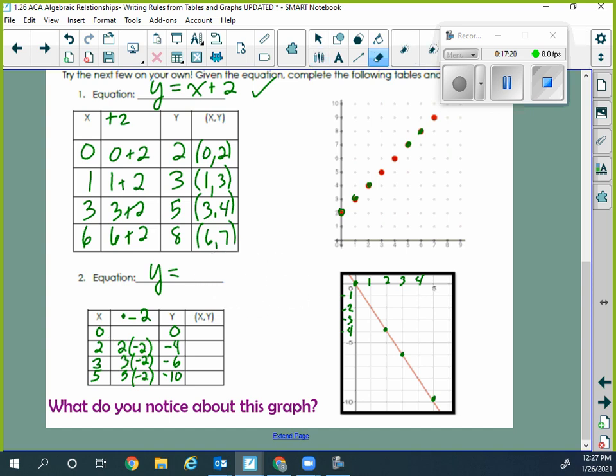Okay, don't make it too hard. What if it was just times 2? Then what would you write? y equals 2x. So if it's -2, there you go, -2x. -2x just means -2 times every x value.